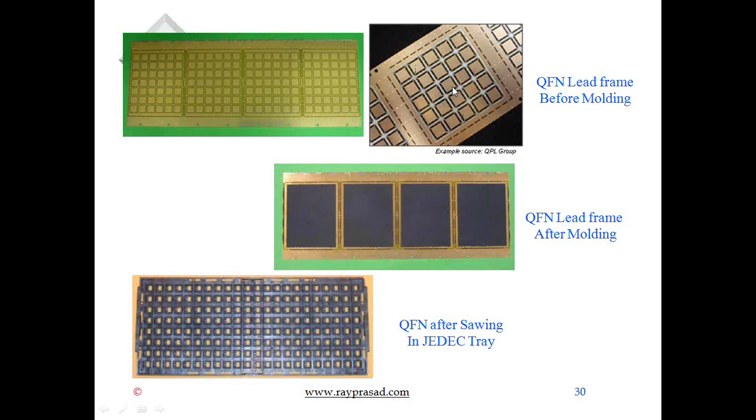Now you're going to put the die on it, wire bond it, then put the mold on it, the middle picture, and after that you're going to chop them all up like a waffle pack, and each individual BTC is in a tray. This is what you see at the very bottom, and it's ready for placement in your pick and place machines. It can be in a tray, in tape and reel, and so on.